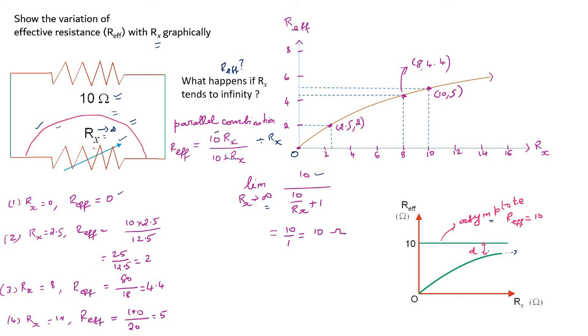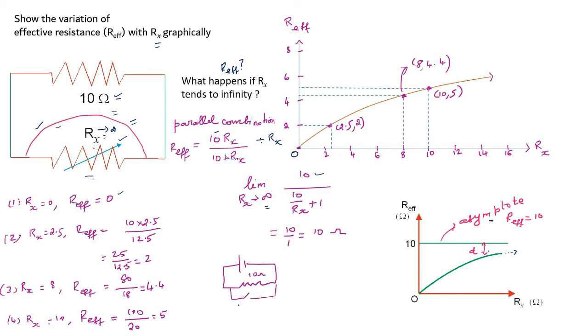So how do you say that it is really 10 ohm? I said already, this branch is as if it is an open circuit because of very high resistance, tending to infinity. The circuit is this, 10 ohm.